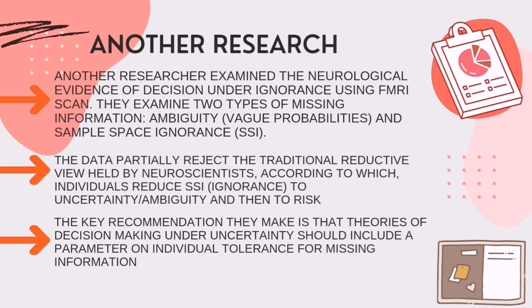It is done by forming a subjective belief about the partition of a sample space and after that, forming a subjective probability measure. They found that the reductive view is only compatible with ambiguity averse individuals but not with ambiguity tolerant individuals. The key recommendation they make is that the theory of decision making under uncertainty should include a parameter on individual tolerance for missing information.